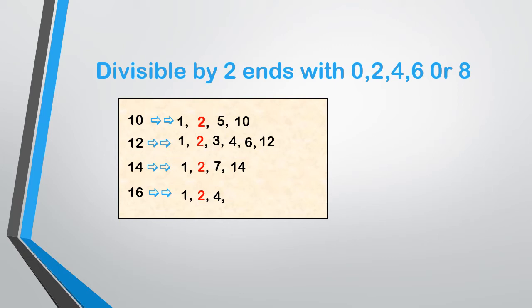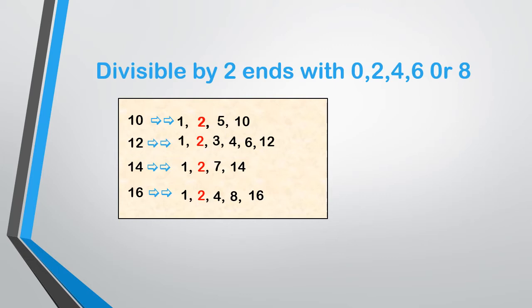So it doesn't come in the 5 table, 6 table, or 7 table. Then the 8 table, 8 2s are 16, then the 16 table. Okay. Look at this table here.